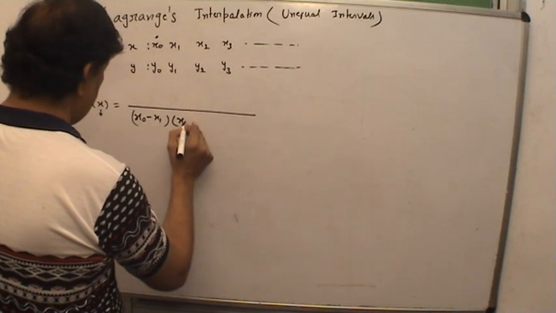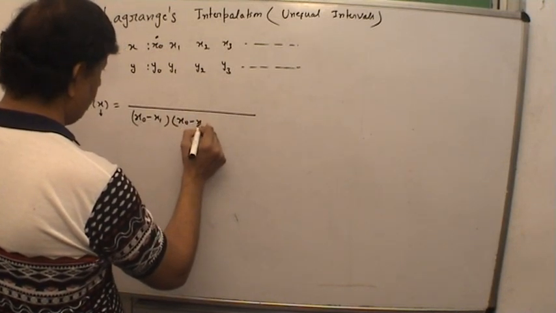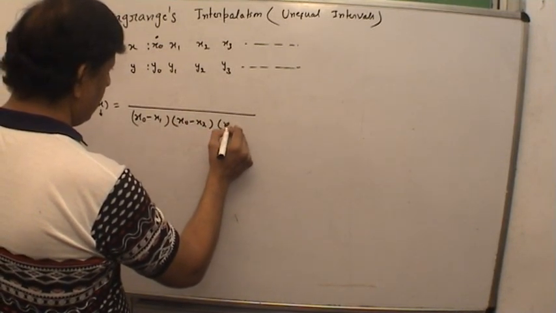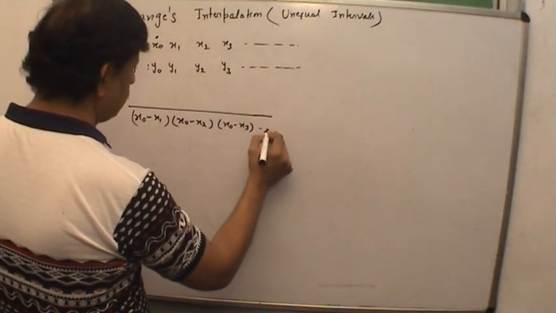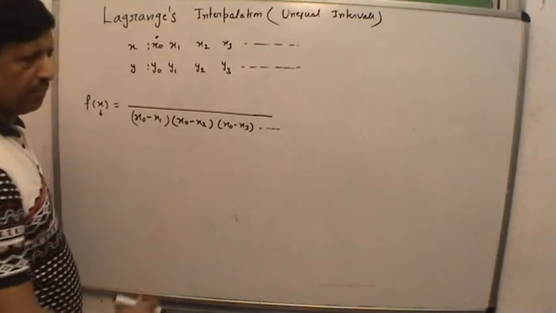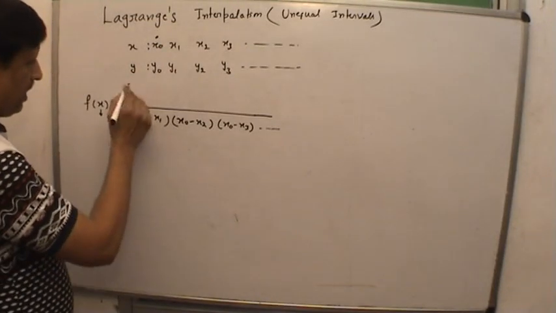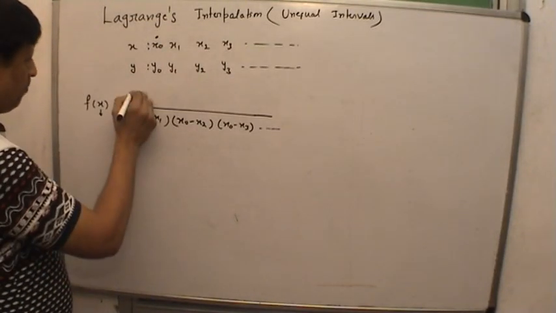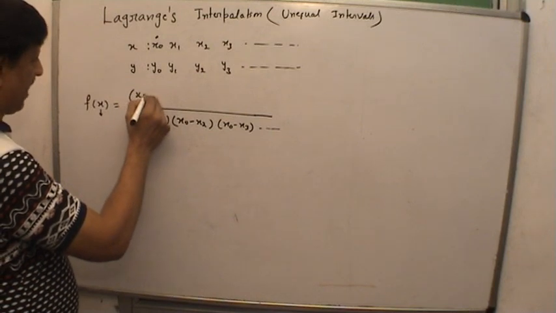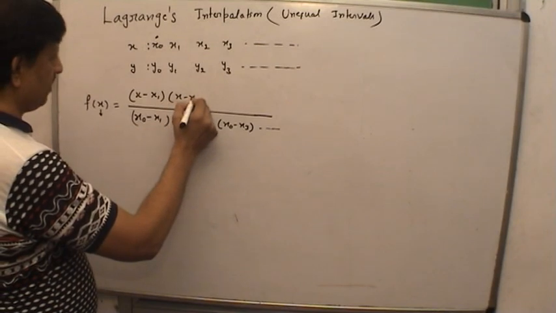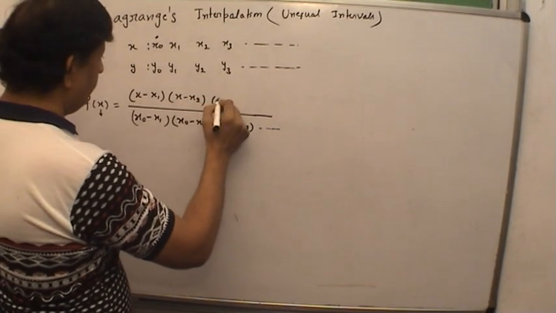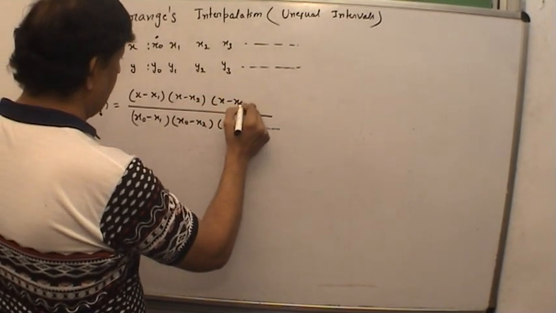Then x0 minus x2, x0 minus x3 and so on, depending upon the number of values. And in the numerator we write the same values with x minus x1, x minus x2, x minus x3.